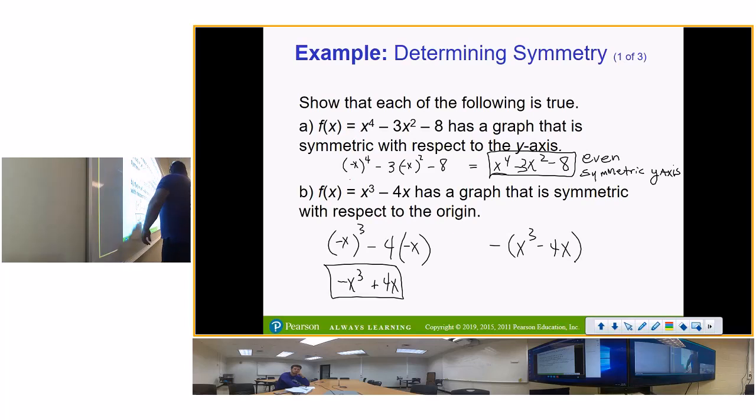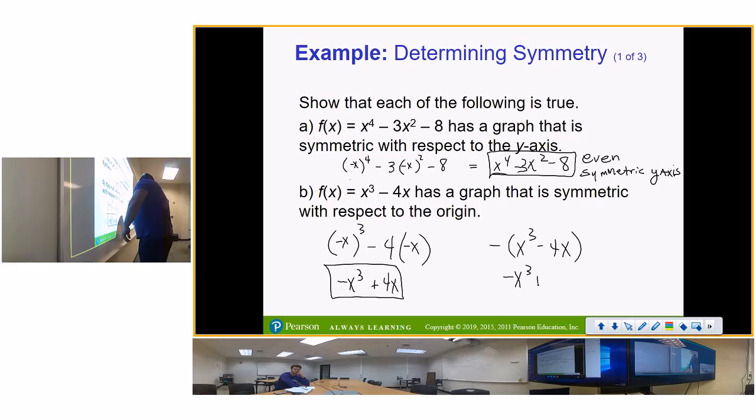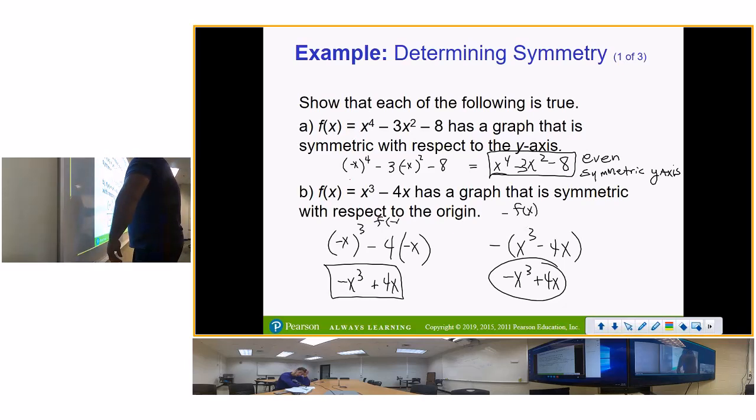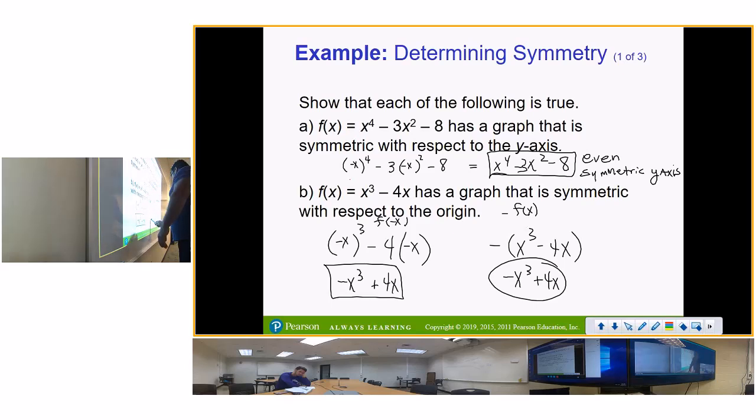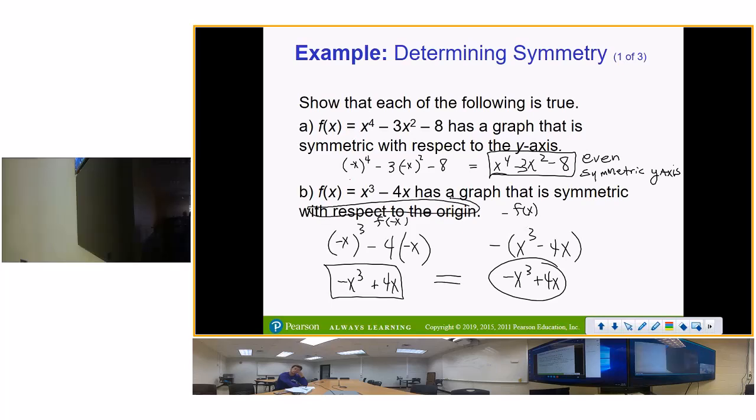What do you get? Negative x cubed plus what? This is negative f of x. This is f of negative x. What can you say about f of negative x and negative f of x? They're equal. So that means you have an odd function, which is symmetric around what? The origin.